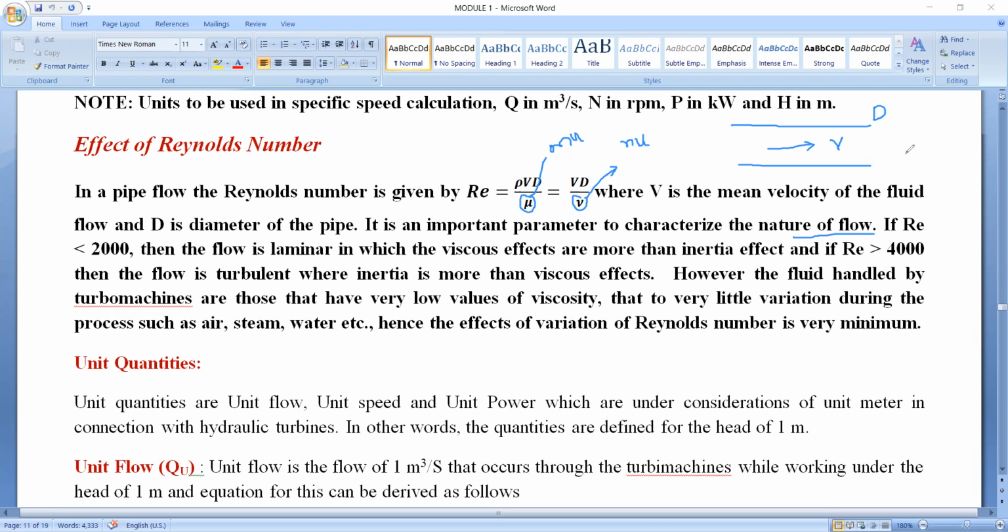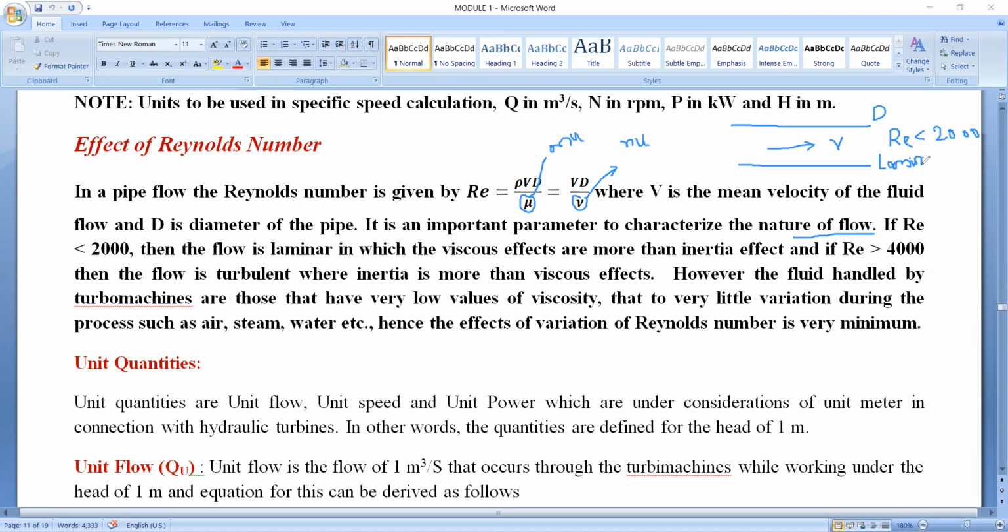Now, if the Reynolds number is less than 2000, then it is called laminar flow.